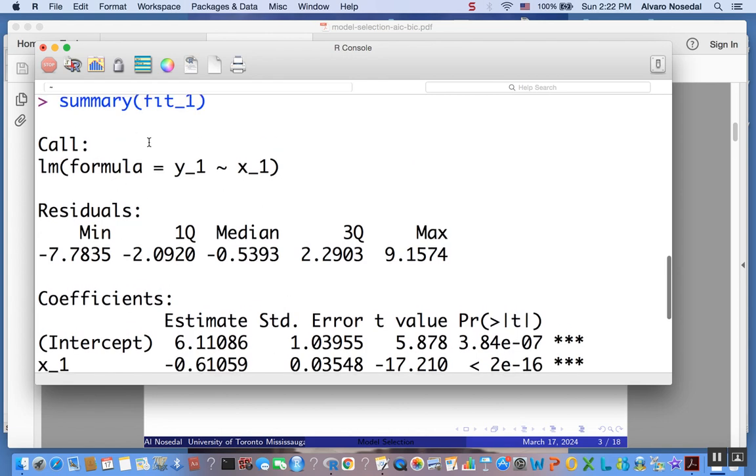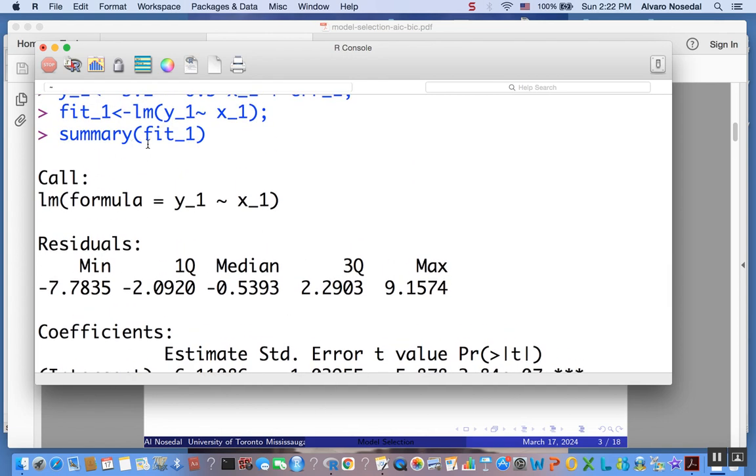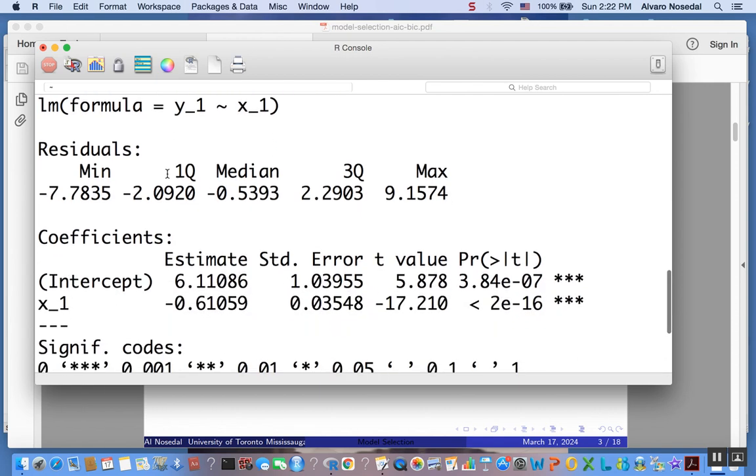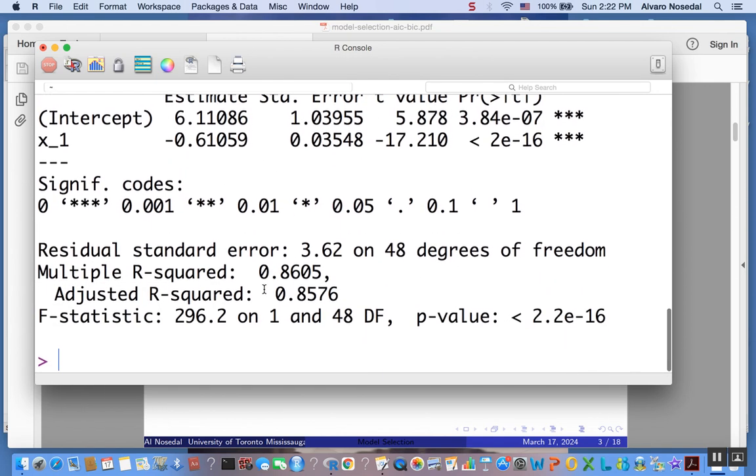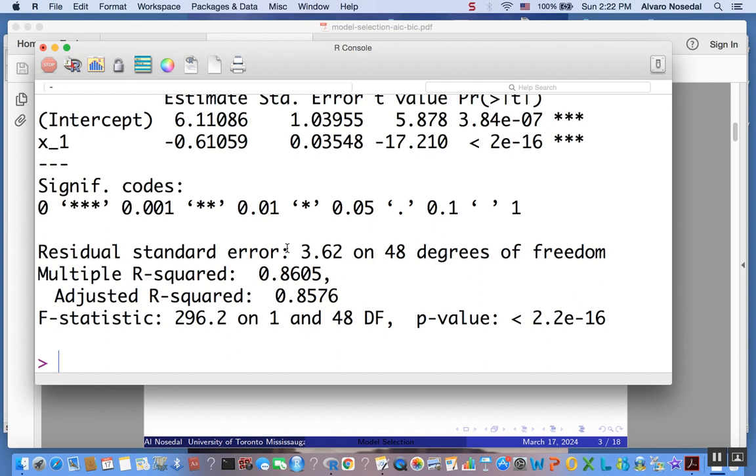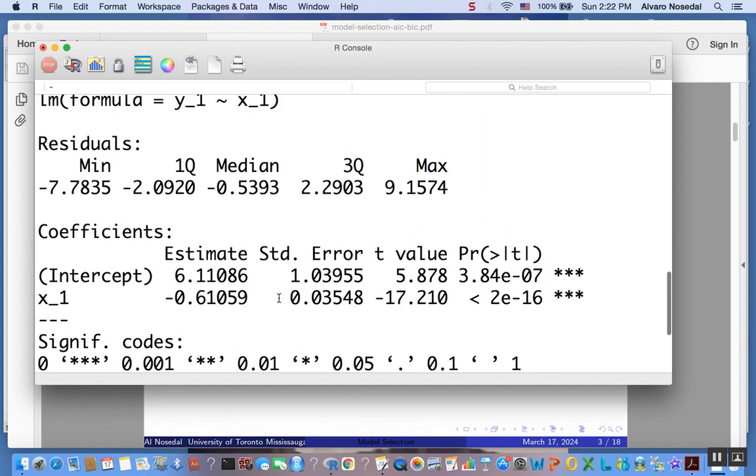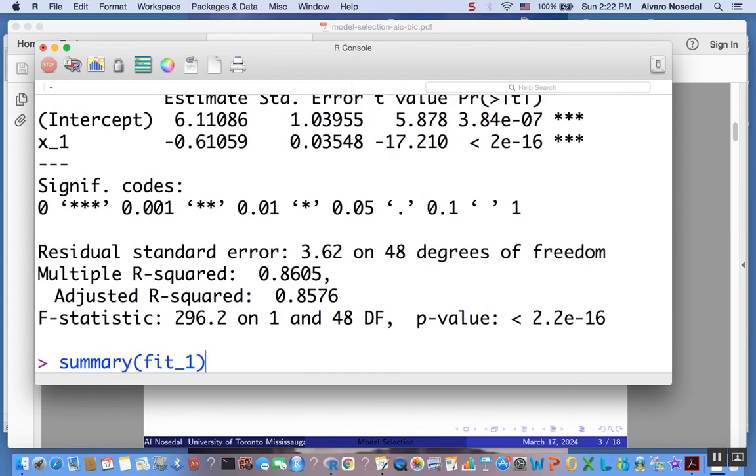Using this summary brackets fit_1, you have all this information, residuals, and you have the residual standard error, so on. But we are particularly interested in this part. Let me show you what I meant by that idea of just using something additional.